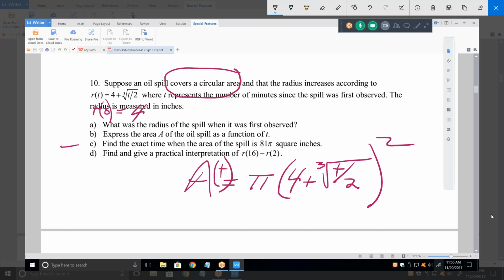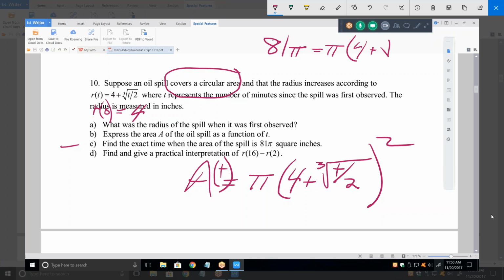You substitute 81 pi for the area. And for the moment, we won't worry about units. We'll just assume that they're not trying to trick us here, by giving us one unit in square inches and the other in feet or something like that.